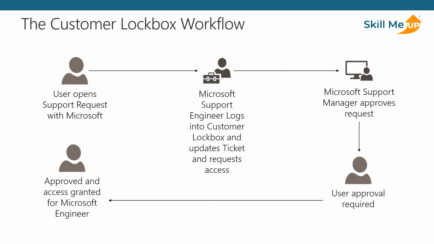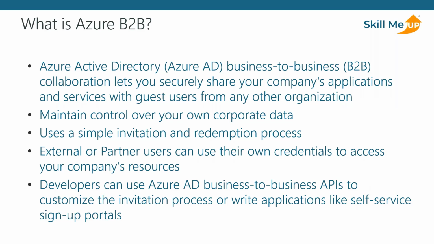Okay, our next thing, which kind of goes similar to this, is what's called Azure B2B. Now, the first bit we talked about was giving Microsoft access. But what about if it's not Microsoft you want to give access to, and this is external people? So this is Azure B2B. Azure B2B is all about you securely sharing company applications and services with guests that don't exist in your organization.